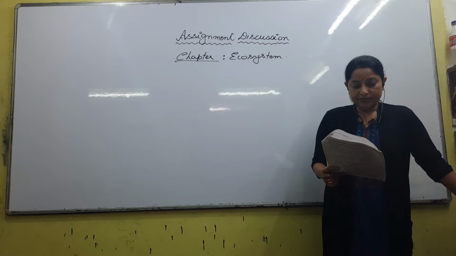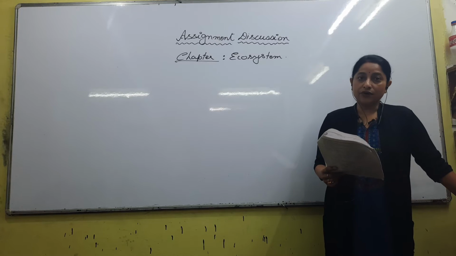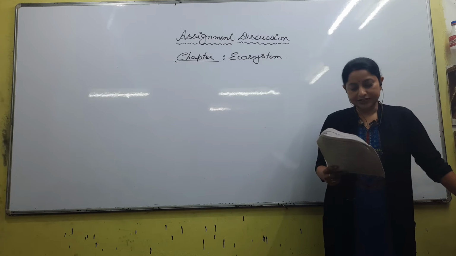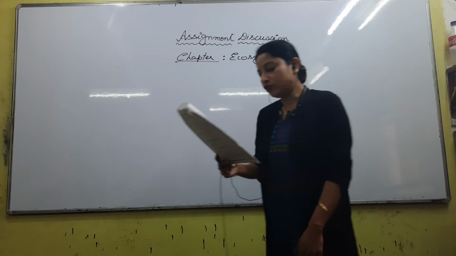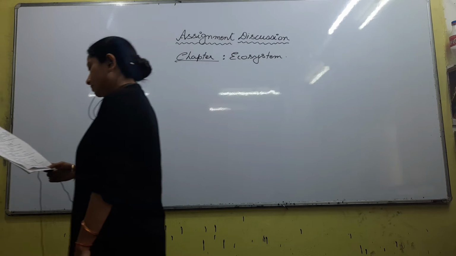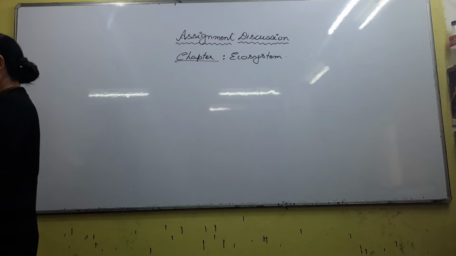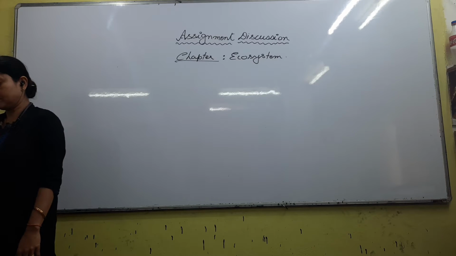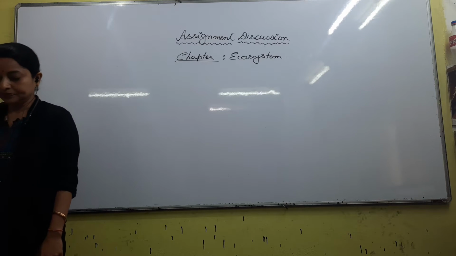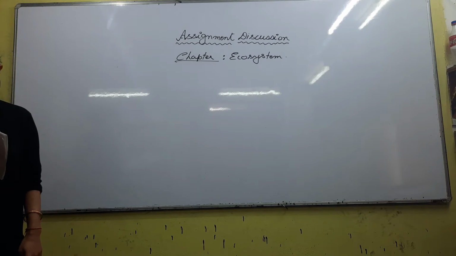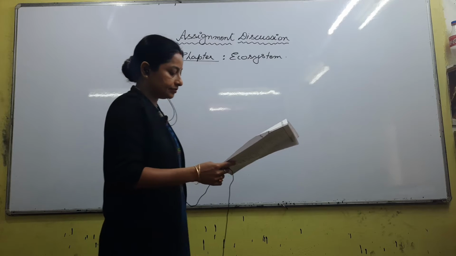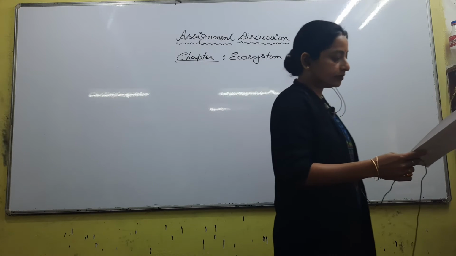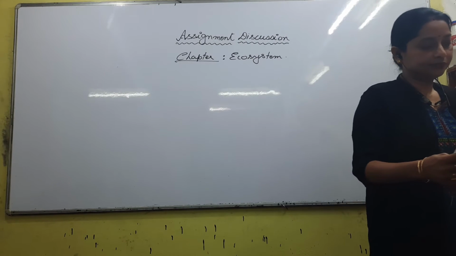One of the Eltonian pyramids has to be upright always. Energy. Number 14. A. Number 15.